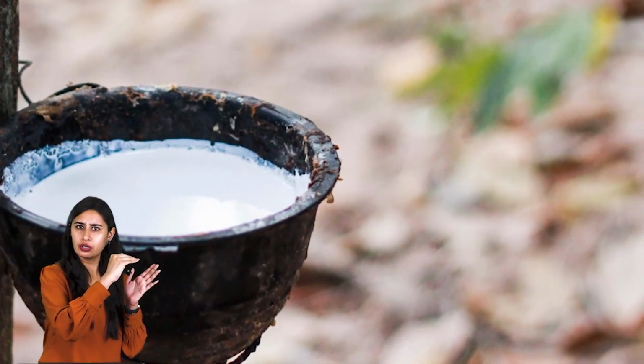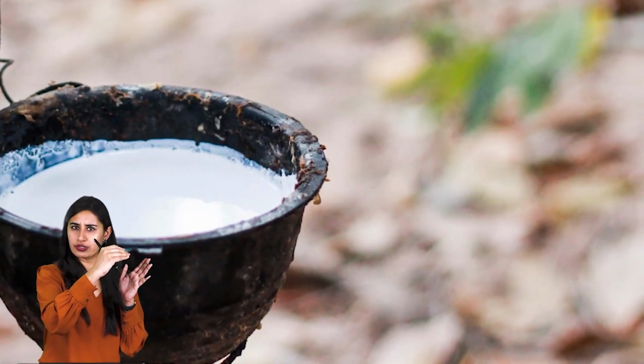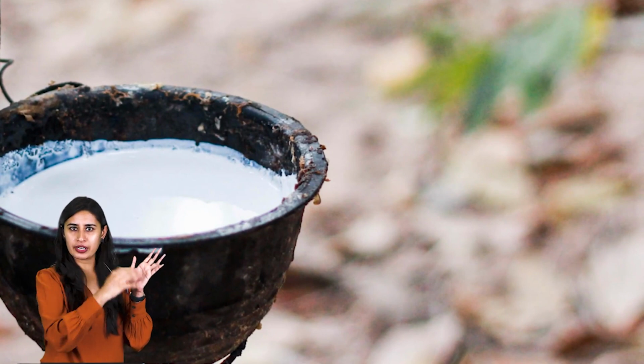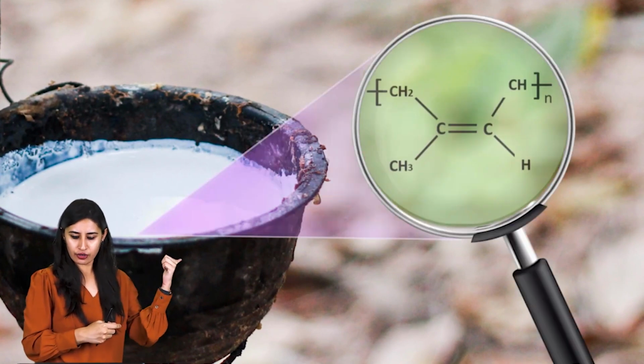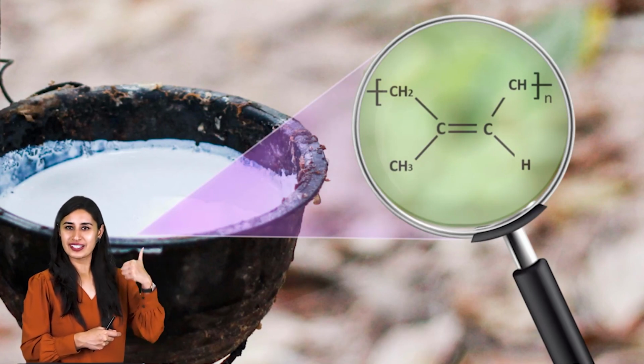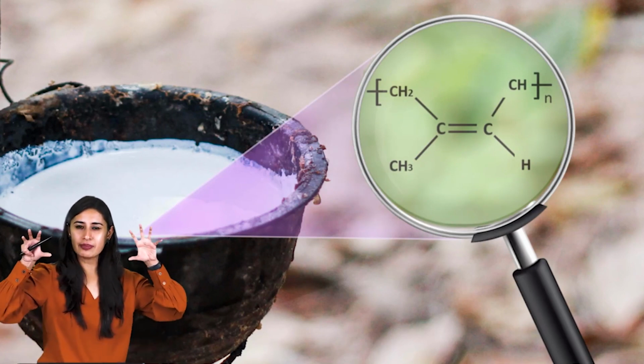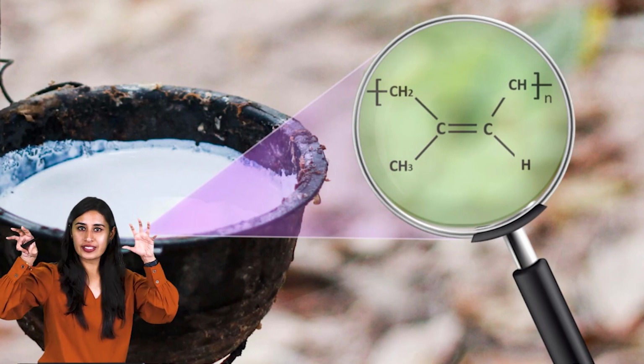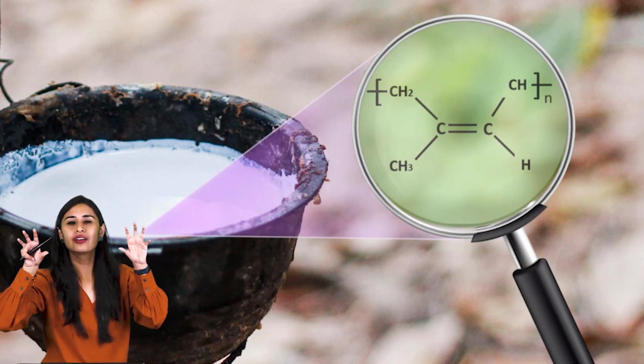You cut the bark a little, and what do you see? The gum coming out from it, flowing from it. And if we look further into it, deep into it, we find that yes, it is a cis compound. The two same type of groups are on the same side of the double bond.